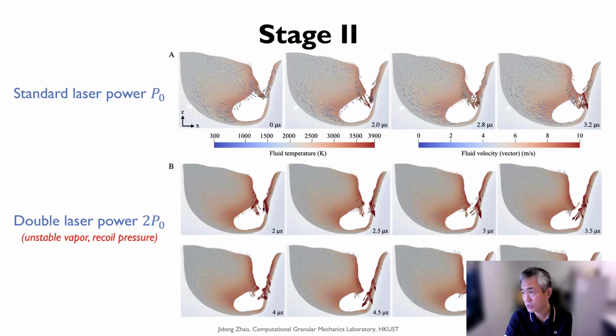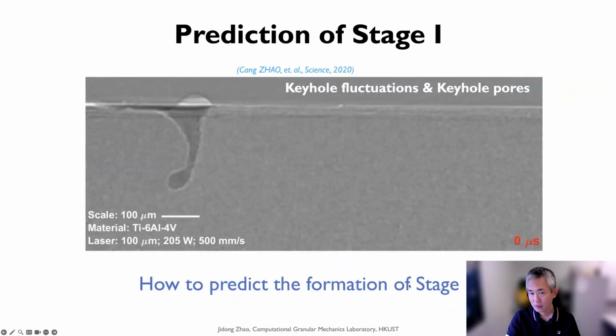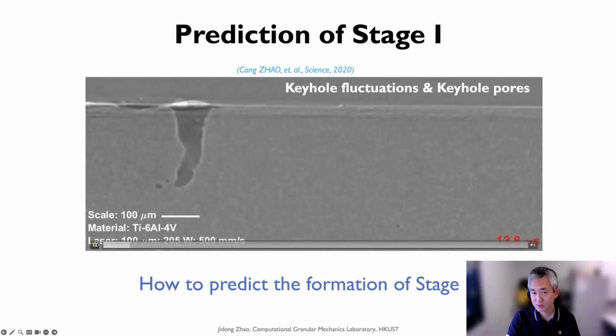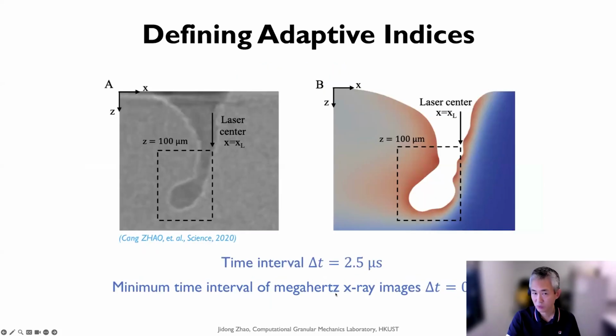Before you can put in the control, the keyhole closure has already happened and generated the keyhole pore. So we want to put the adaptive control at stage 1, and these are the observations on how we can identify and predict the formation of stage 1.